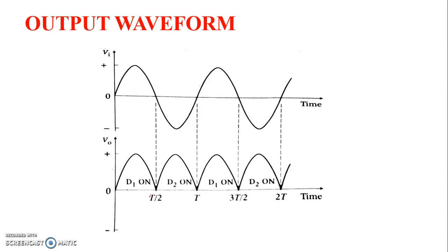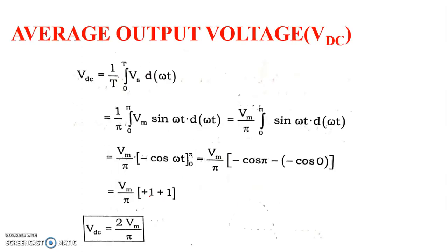Next we are going to analyze the performance of the full wave rectifier. For that we need some formulas. First we calculate the average output voltage of the full wave rectifier.